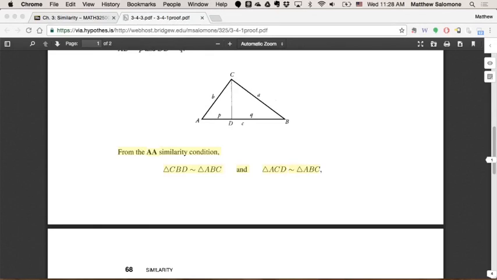So by dropping that altitude, not only do we create one pair of similar triangles, but we actually create two pairs of similar triangles. And those pairs actually have one triangle in common, namely the big one, ABC. So by dropping this altitude to the hypotenuse, we have divided an original triangle into two triangles which are both similar to the original triangle, which is what we'll prove here.